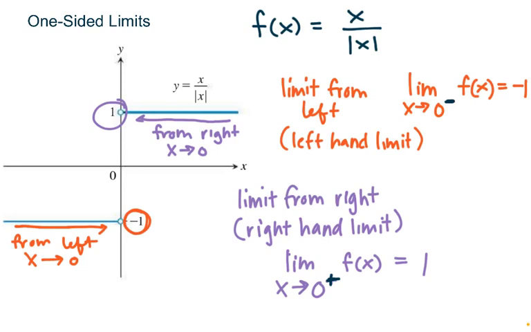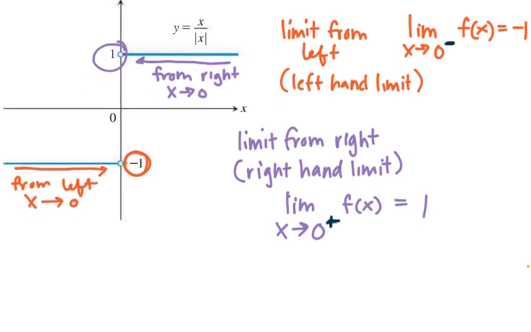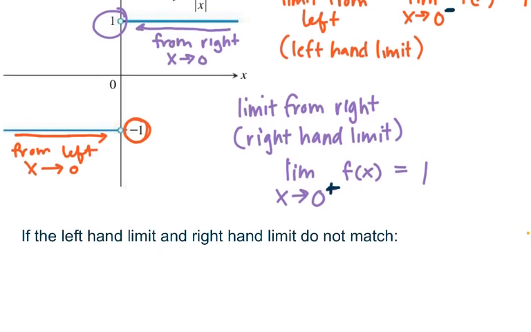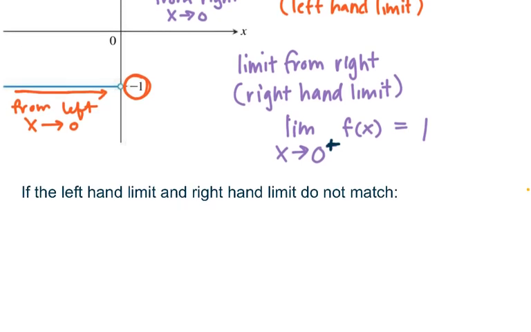What we're going to learn in this section is that if the left and right-hand limits do not match, then the limit of this function as x approaches 0 does not exist.